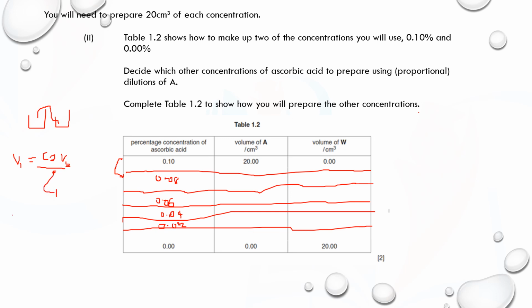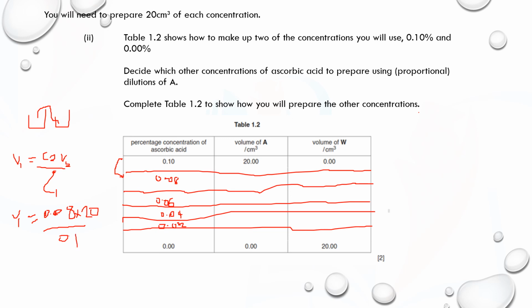So our V1 here is C2, 0.08, that's our final concentration, times 20, which is the V2, all over C1, which is 0.1. So what do you have?